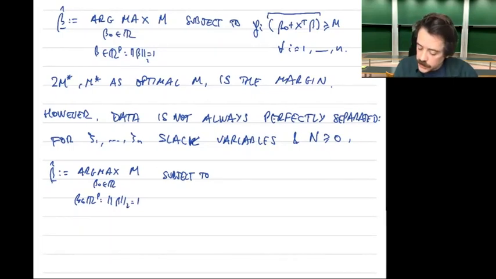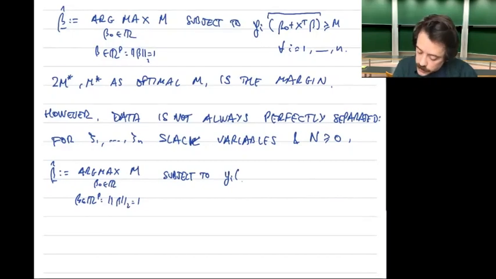So we have that the y_i times our beta, okay, let's keep on writing it like this, we write this greater or equal to capital M, but remember now that this may be too stringent. So let's now introduce these xi's, okay? And the xi's are going to have to be greater than or equal to 0.